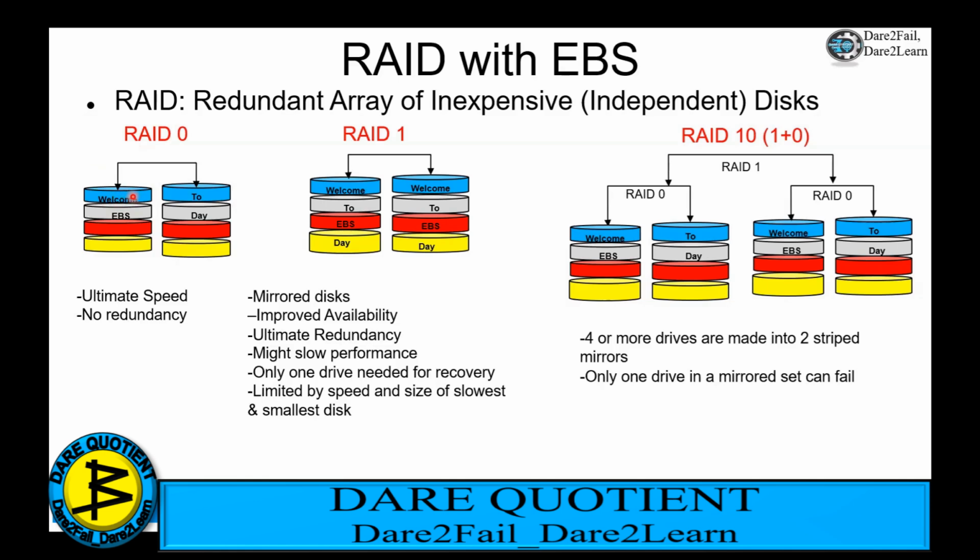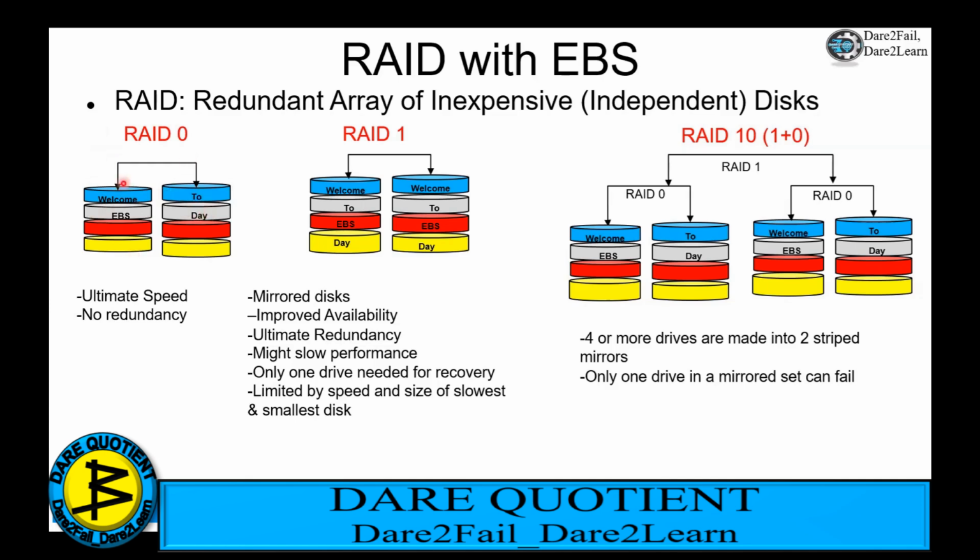It separates your data into blocks and splits them evenly across the drives. Let's say the data here is "welcome to EBS day." It separates your data evenly across these two hard drives. You have "welcome" and "to" in one drive, and "EBS" and "day" in the other drive.